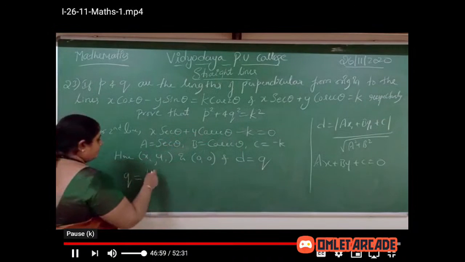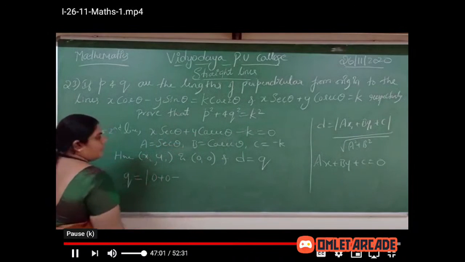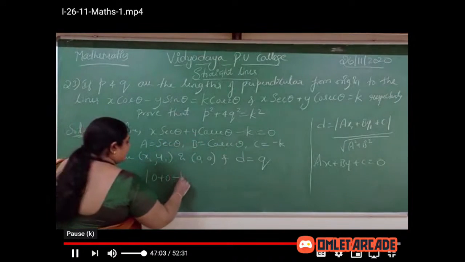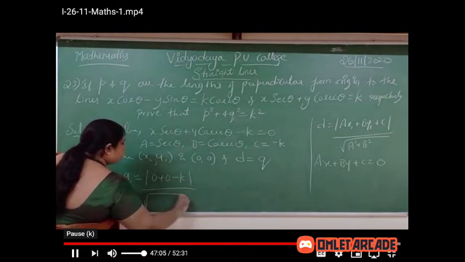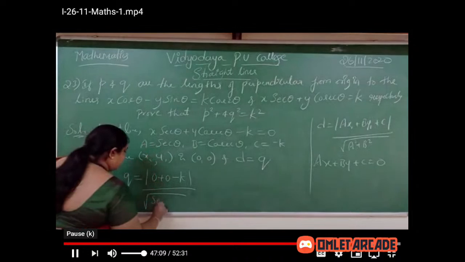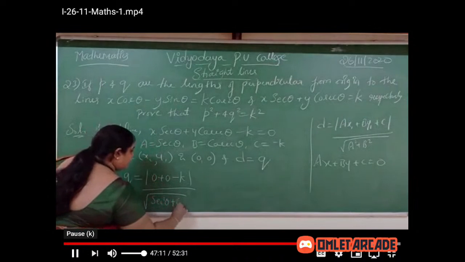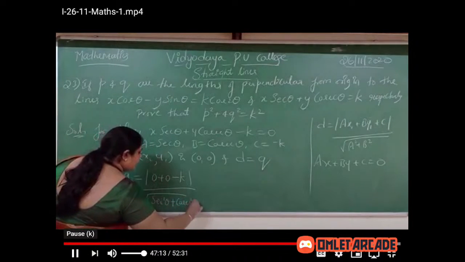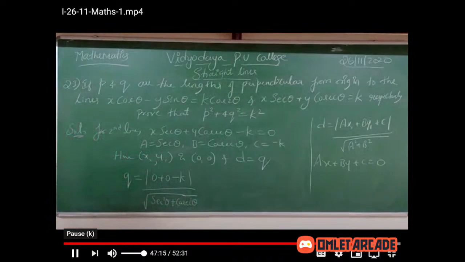Since x1, y1 are 0, it will be 0. Minus c value is k, divided by root of secant square theta plus cosecant square theta.